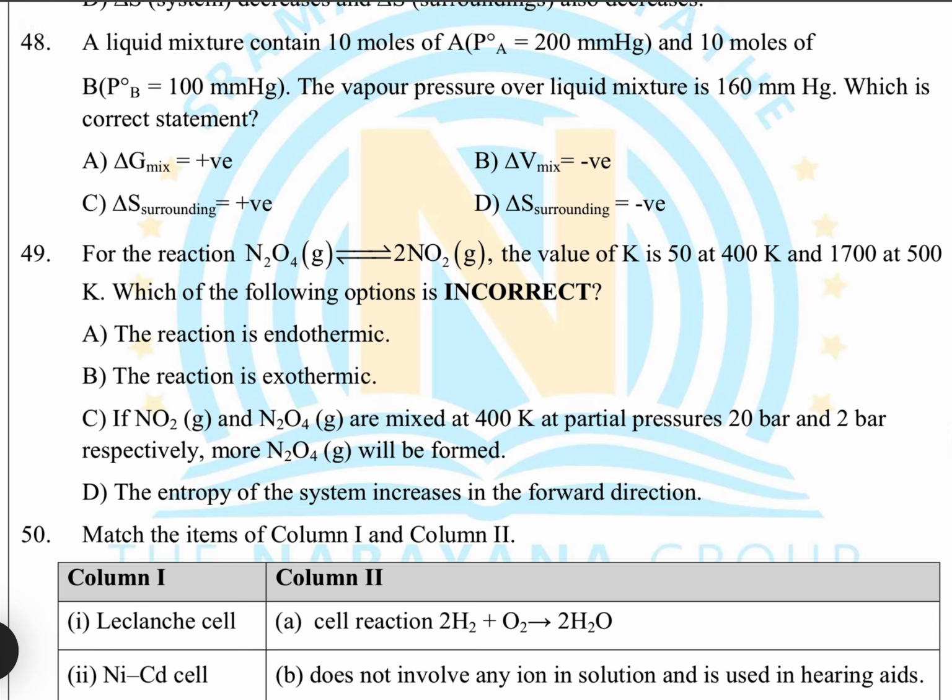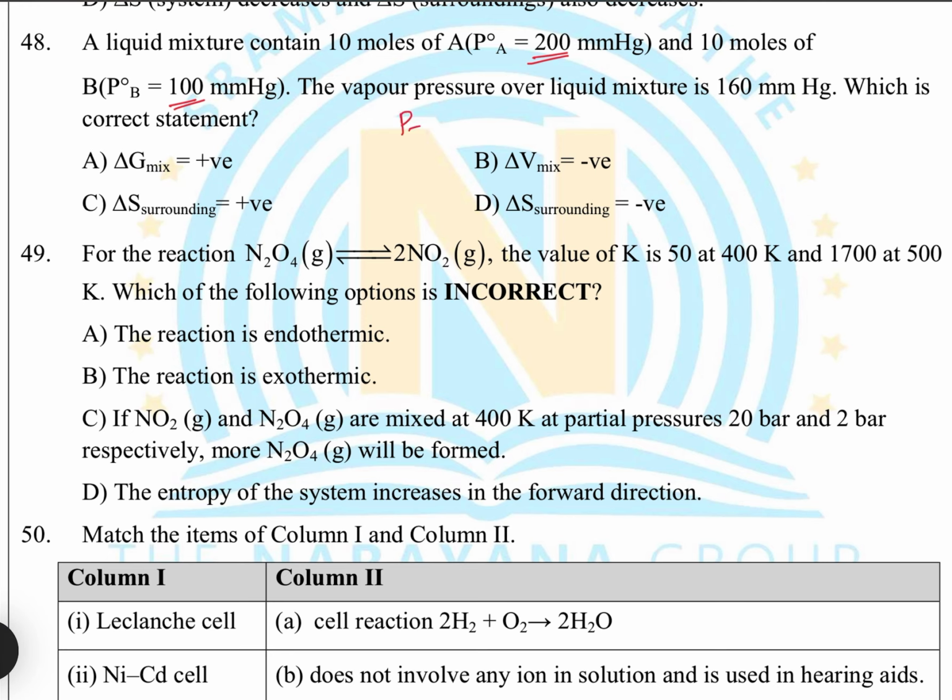48. 10 moles of A, 10 moles of B, equal mole fractions are there. So from this 200 it should be 100, from this 100 it should be 50, so it should be 150 millimeters.